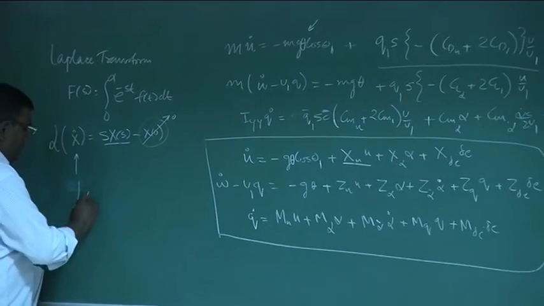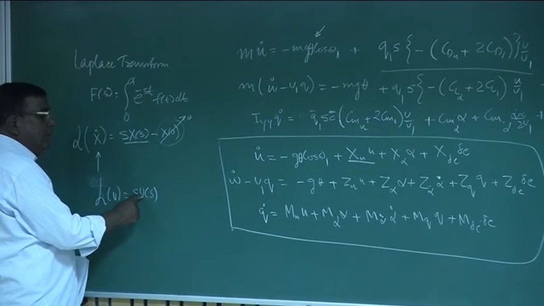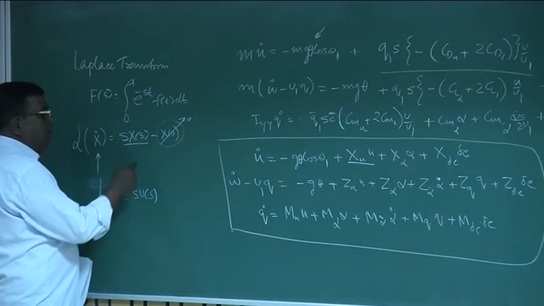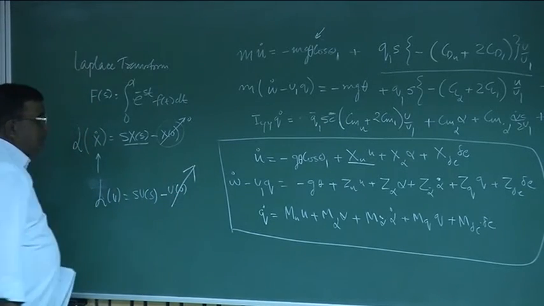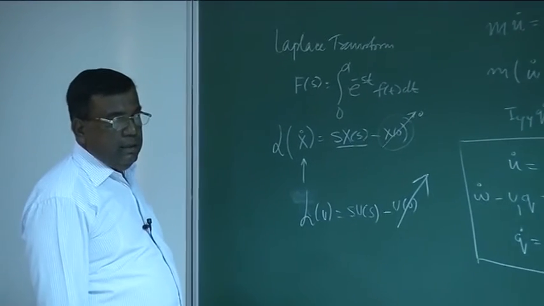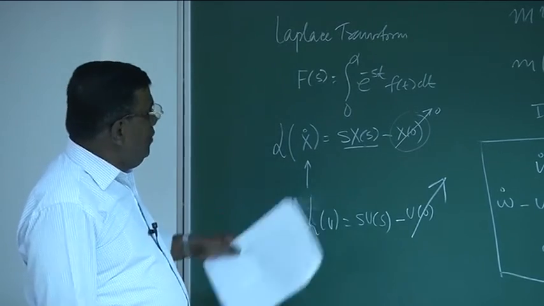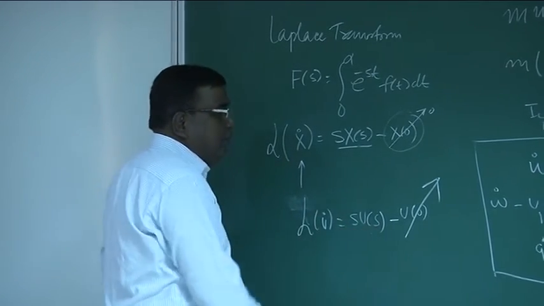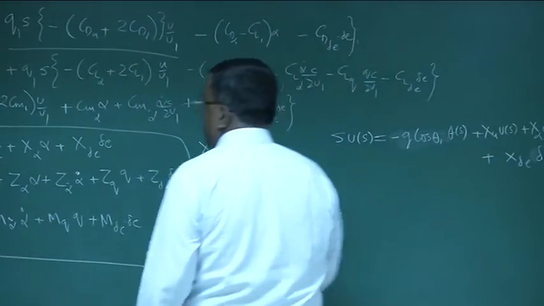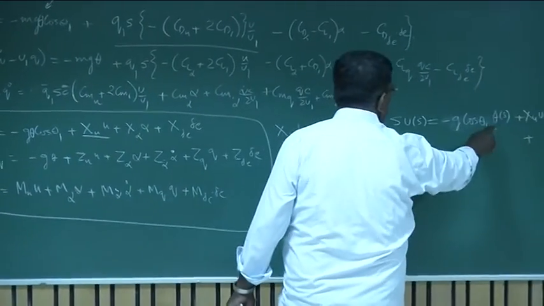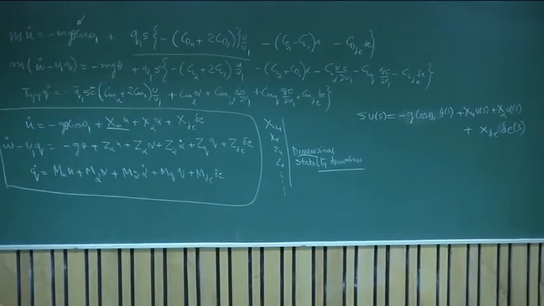Laplace of u dot will be s u of s, that is u in the Laplace domain, minus u of 0. We said we don't care about the initial condition because we are studying the stability aspects of a linear system, so it doesn't depend upon the initial condition. So Laplace of u dot becomes s u of s. So here u dot is s u of s minus g cos theta, and theta is here theta of s, then xu into u of s, x alpha into alpha of s, x delta e into delta e of s.